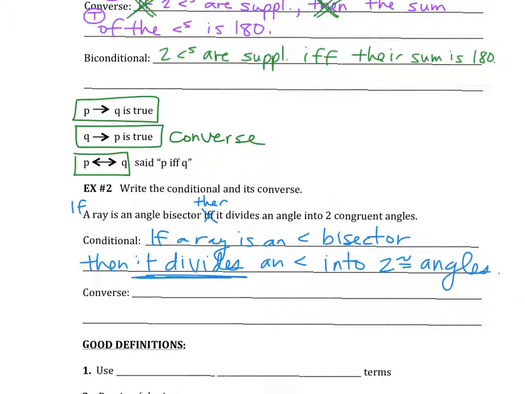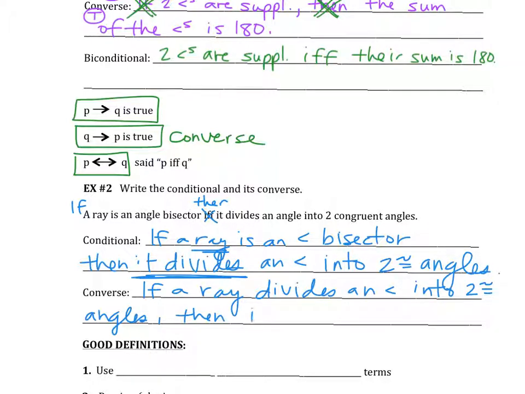If a ray, right? We were talking about a ray initially. So if a ray divides an angle into two congruent angles, then it's an angle bisector.